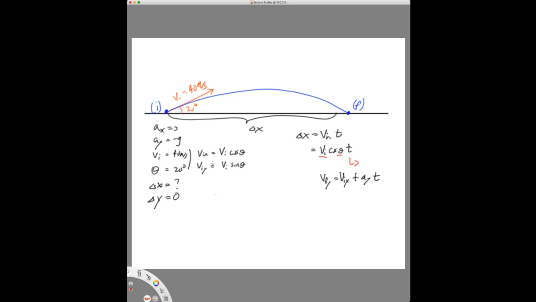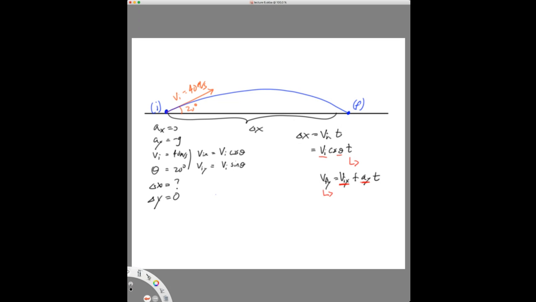Well, yes, we can consider we know it because we know VI and theta. So I'm just going to say we know it, because we could get it. Do we know AY? Yes. And we're trying to solve for T. So if we pick this equation, we cannot solve yet, but we find out that we just need to find VFY.